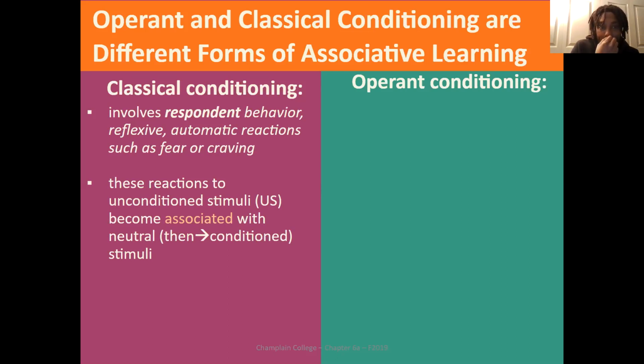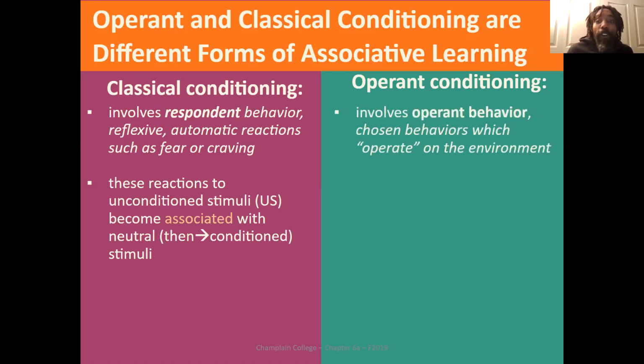So again, if we take an example from the beginning where we saw the onion, right? We saw the onion, we saw the passionate kissing. The unconditioned stimulus was the passionate kissing in that example. And so these reactions to unconditioned stimuli become associated with a neutral, then conditioned stimulus. The neutral and then conditioned stimulus was the onion breath.